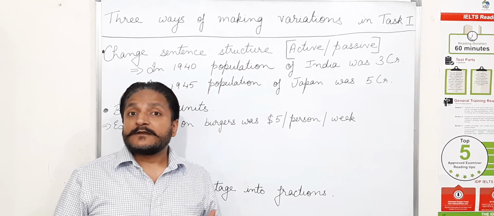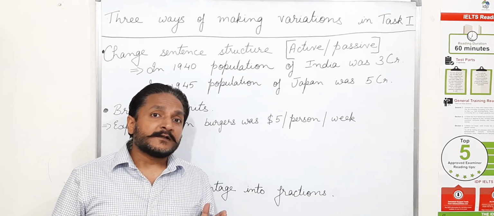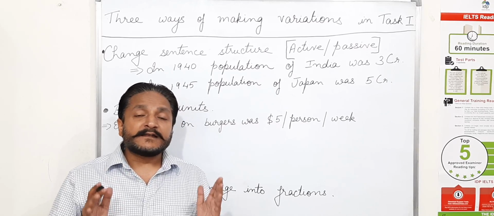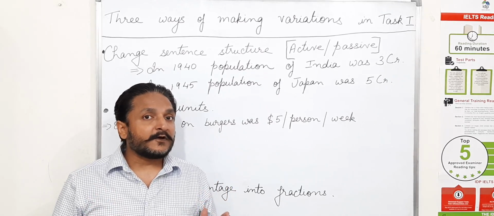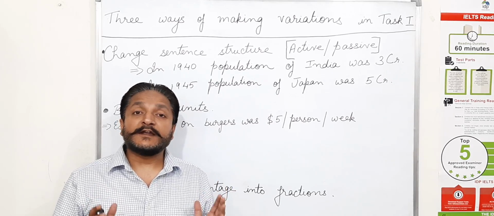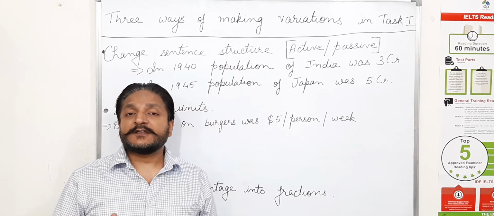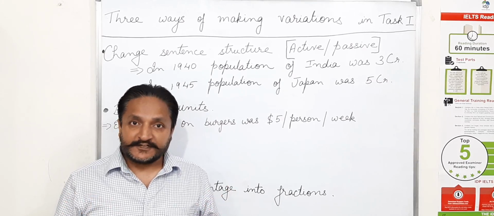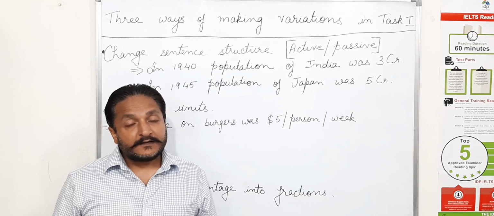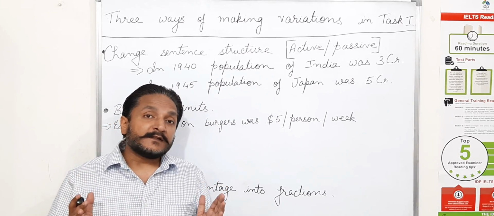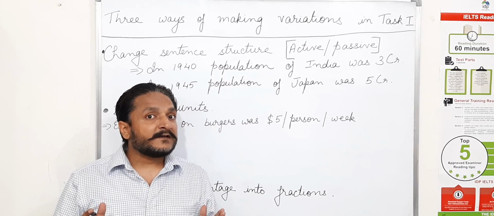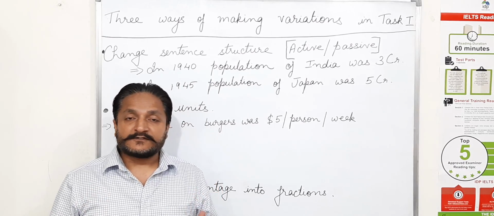So, guys, we need to understand here that IELTS is an exam of language. They are not checking your intelligence or your intellect level, they are checking your English proficiency. And when you are describing the data, the main thing which you need to keep in your mind is variations.